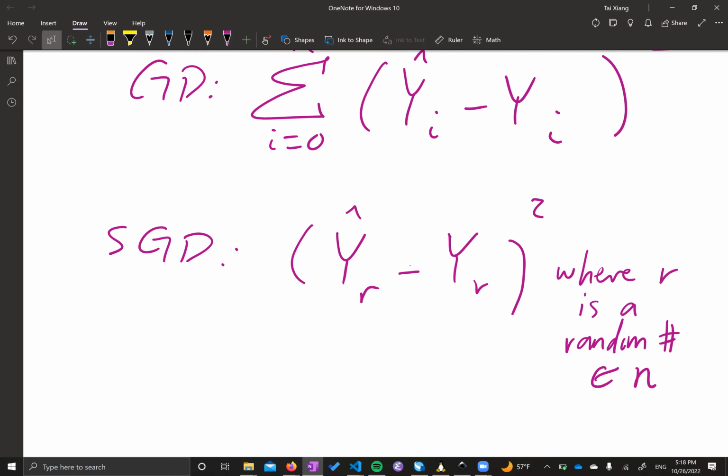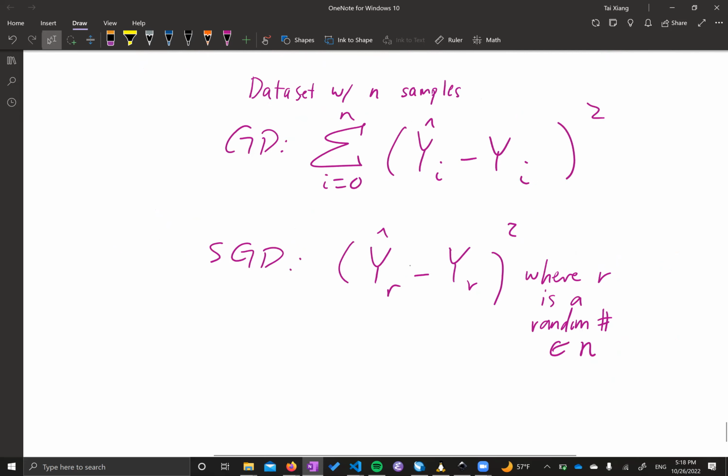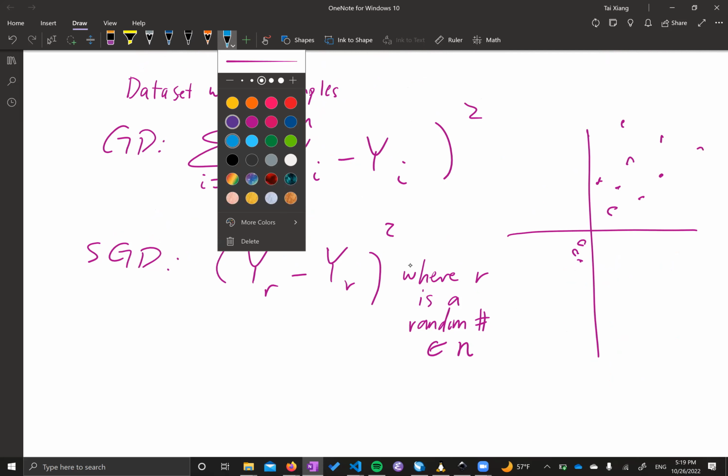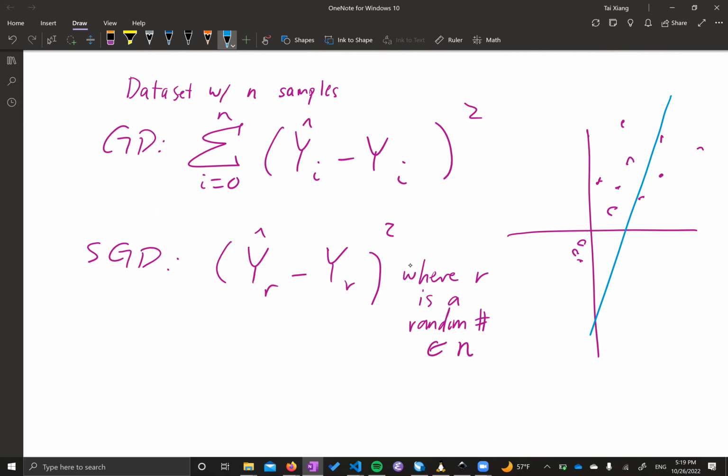And this actually injects a ton of randomness, right? Because let's say we had this graph again, and we had this set of linear points for regression, and our initial plot looks like this.